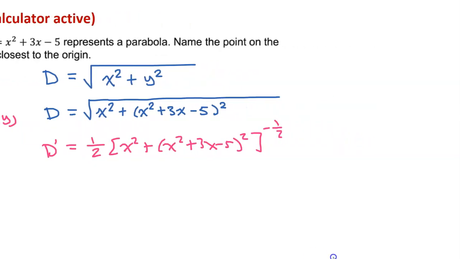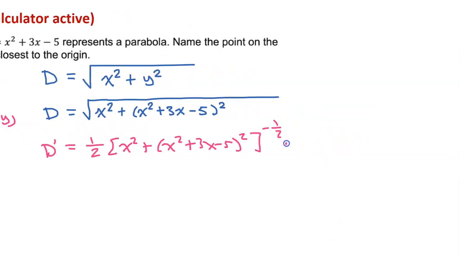But then the chain rule demands that we now multiply by the derivative of the inner function. So the derivative term by term will be 2x. We have some more chain rule happening on the next term. So the 2 comes out to the front. And so we're going to leave that x squared plus 3x minus 5.